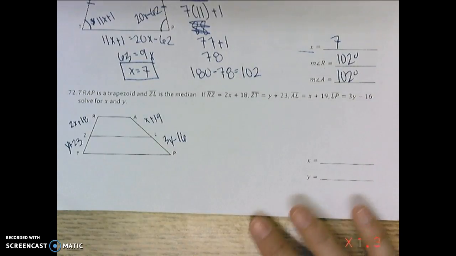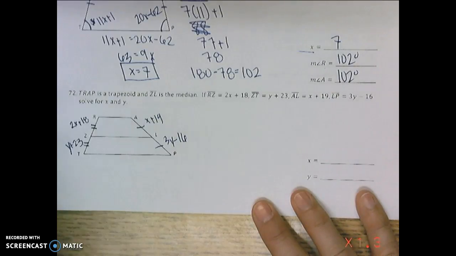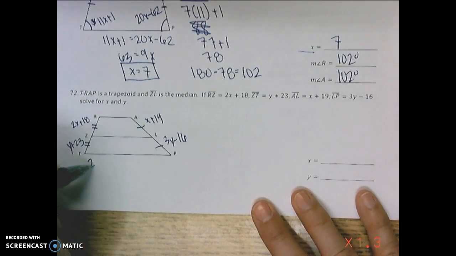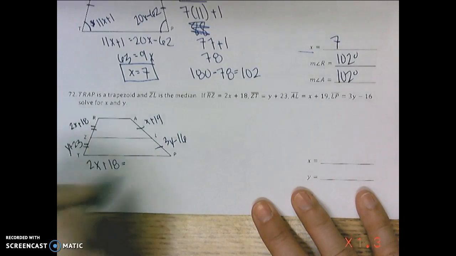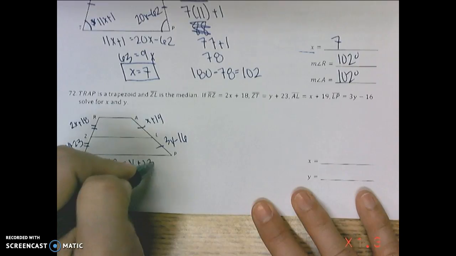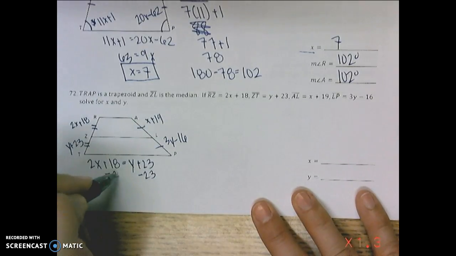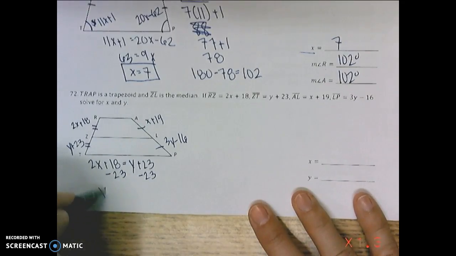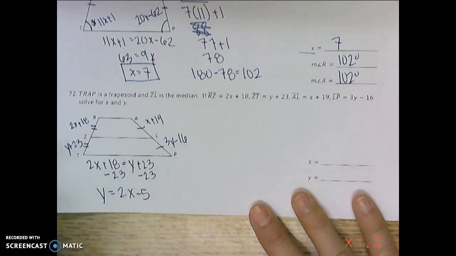This will be another substitution problem. These two are congruent to each other, and these two are congruent to each other. So I will set these two equal to each other. 2x plus 18 equals y plus 23. I'm going to get y alone. I'm going to subtract 23 and subtract 23. I'll have y equals 2x minus 5.